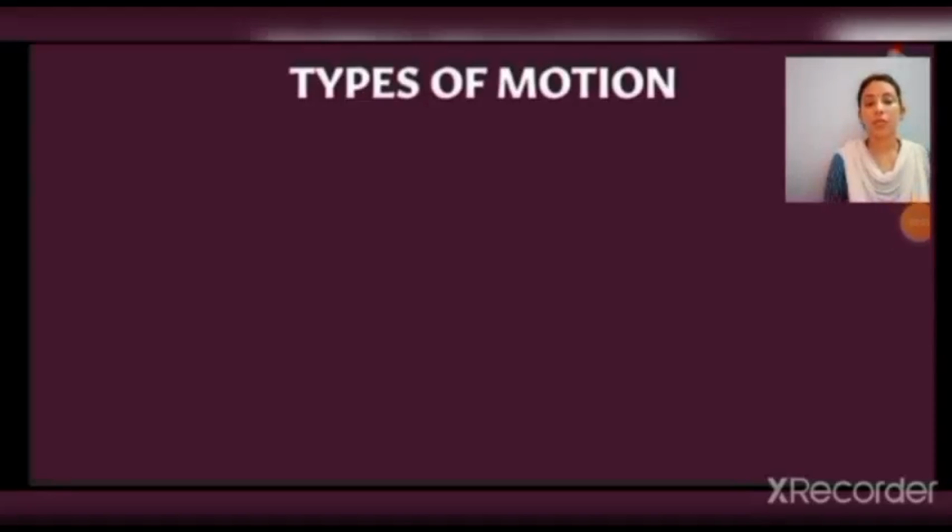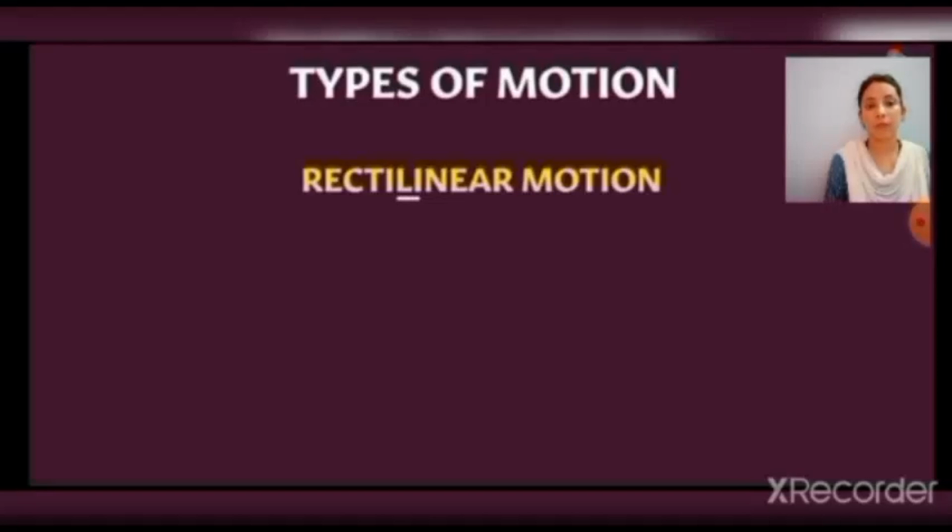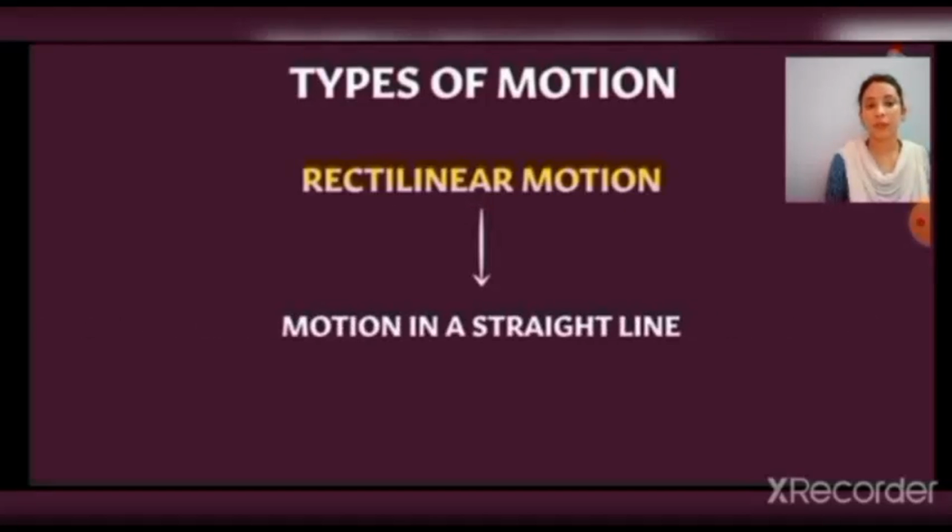The first type of motion we will learn is rectilinear motion. Rectilinear means linear, a motion which goes straight. You can see on the screen a car moving on a straight road.